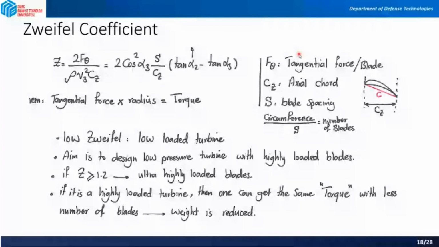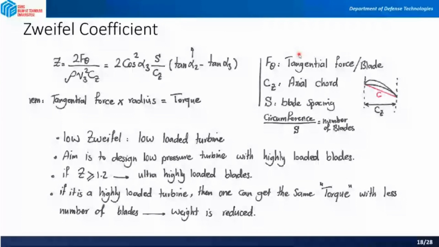So your axial chord, if you look at your blade, if it has this physical chord, the axial chord is its component, like this, Cz. And then you can formulate this as equal to 2 cosine squared alpha 3 times S, the blade spacing over axial chord, times tan alpha 2 minus tan alpha 3.